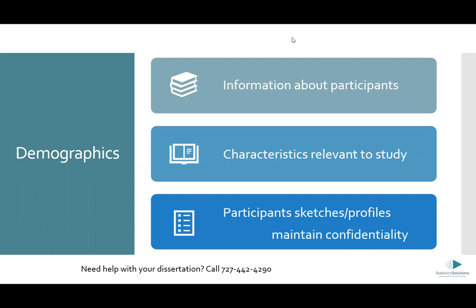So if it's possible for your study, I recommend always having some sort of brief questionnaire where you're at least getting maybe the age, maybe the education level. So some of these really basic characteristics that may be important to report. And again, you can also collect additional characteristics that are relevant to the particular phenomenon or cultural context that you're studying.